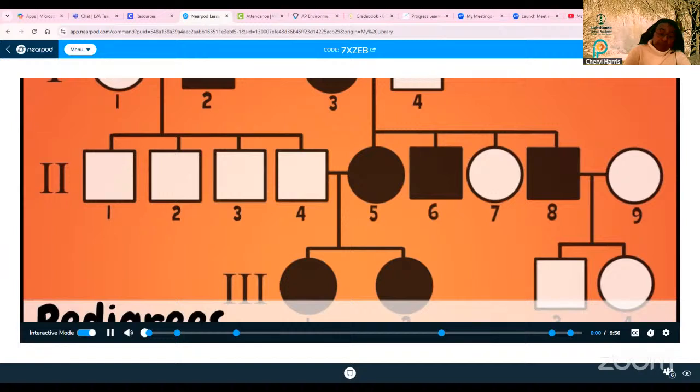Okay, it's buffering. It's a lot of buffering. I think my screen is frozen.